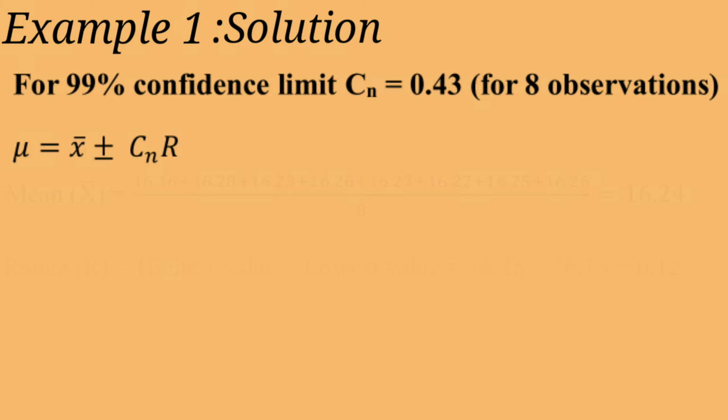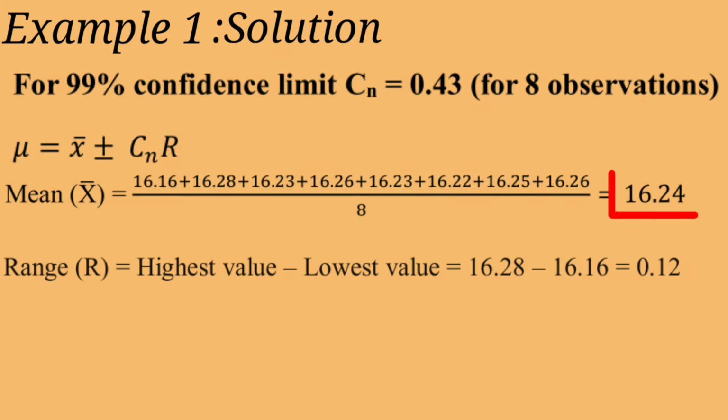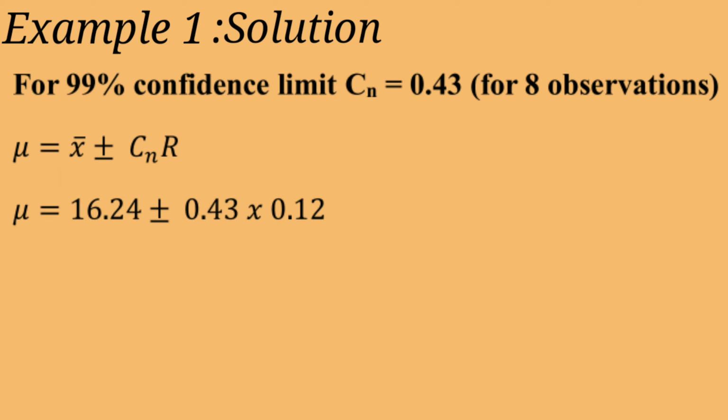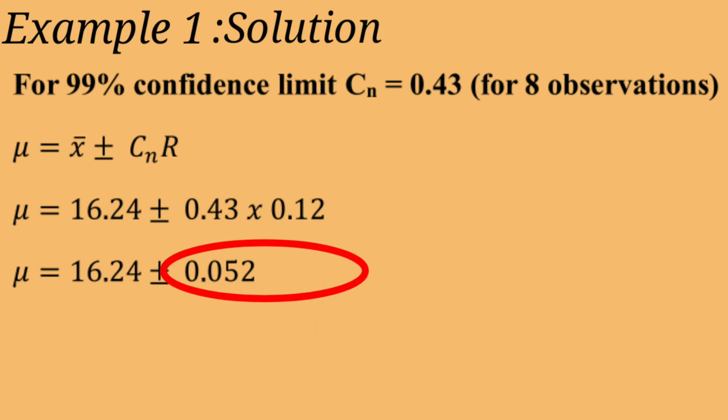Further, on substituting the values of x bar, Cn and R, we get the following equation. On further calculation, 0.43 multiplied by 0.12, we get 0.052.